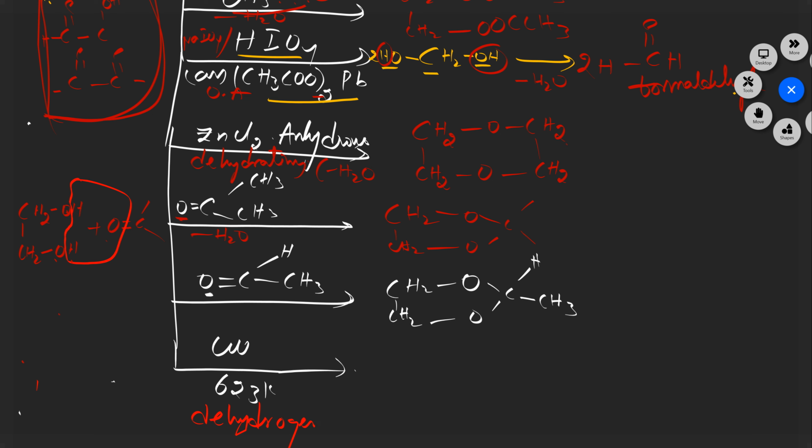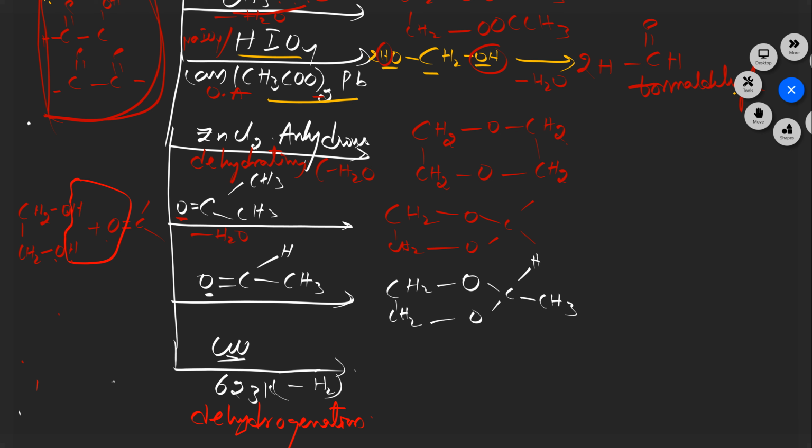Dehydrogenation. Copper in the presence of 623 Kelvin is going to lose the H2 molecule, minus H2. Loss of H2 is called the dehydrogenation process if you are doing the reaction with copper in the presence of 623 Kelvin with any type of alcohol.